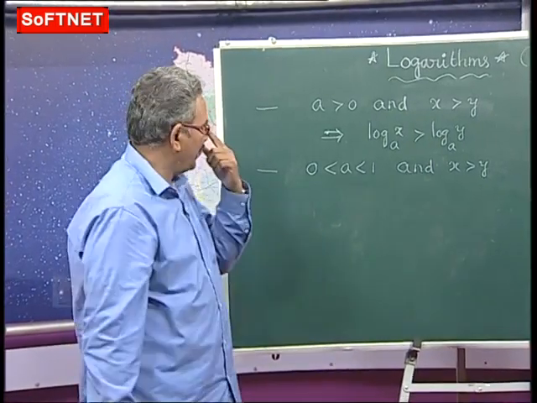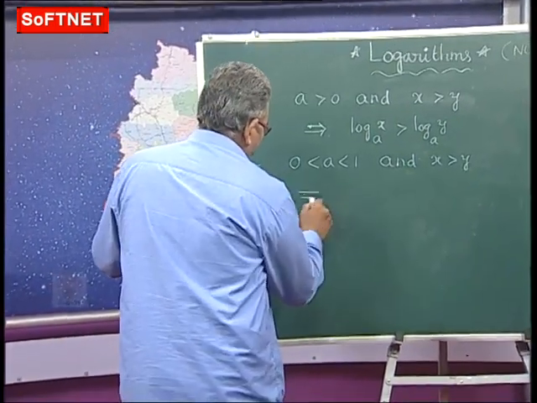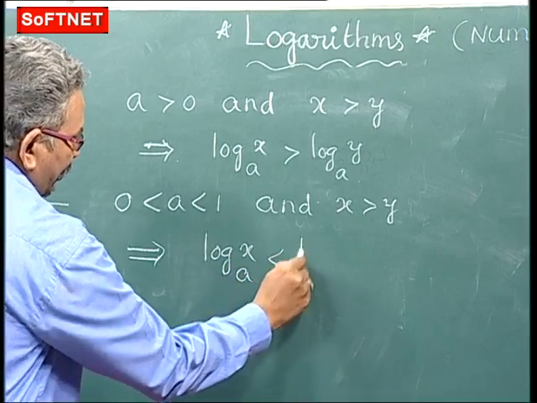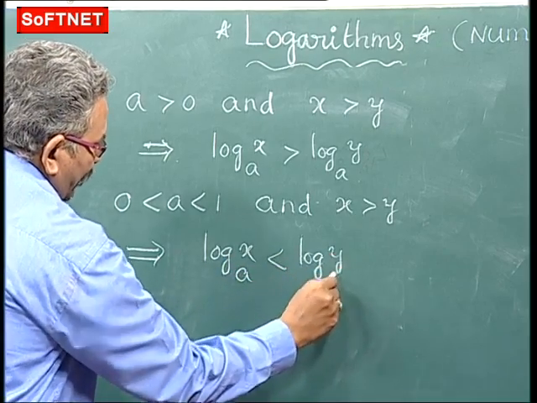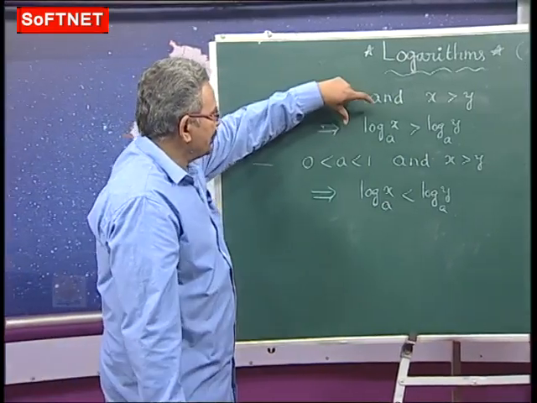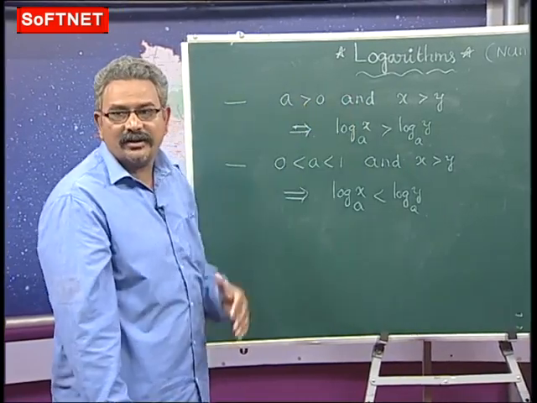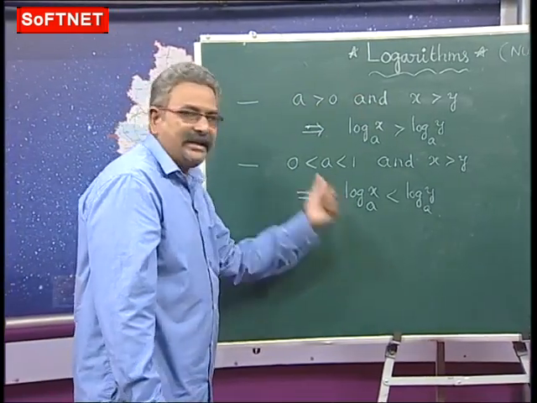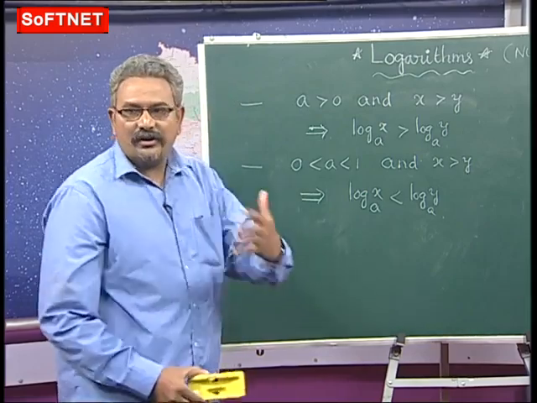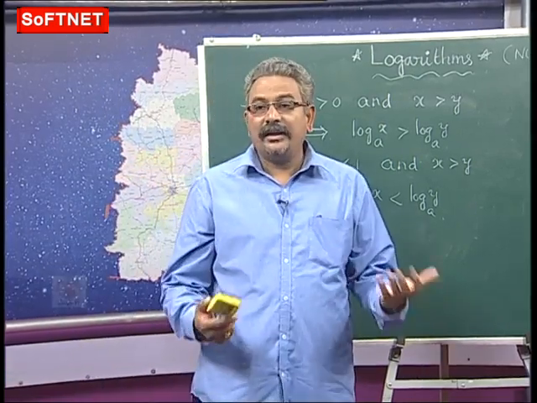Here log x to the base a is less than log y to the base a, which is very, very important. So in this case it is an increasing function, whereas in the other case it is a decreasing function. Okay, now we shall do some problems on logarithms.